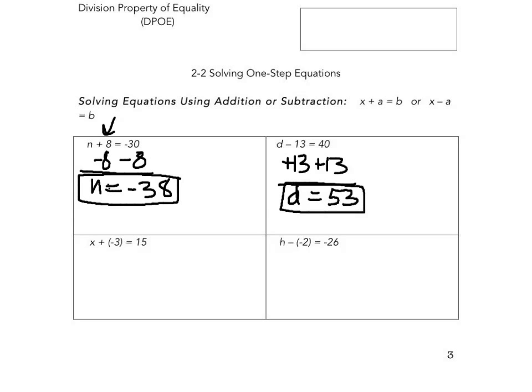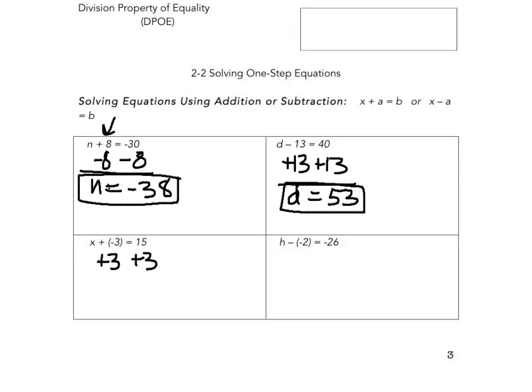Now the bottom left, you have x plus a negative 3 equals 15. Here, plus a negative 3 is the same thing as minus 3. So if it's negative, I'll add 3 to both sides.